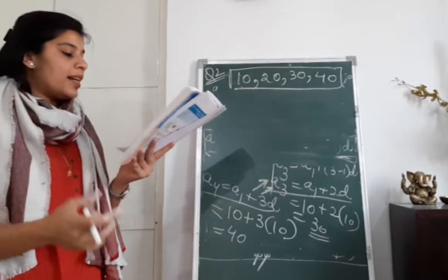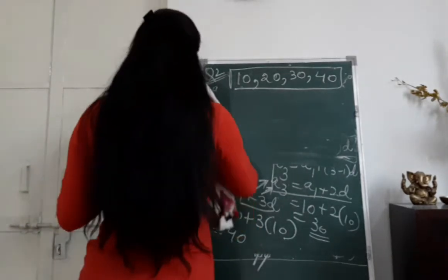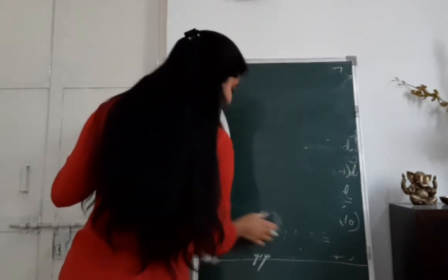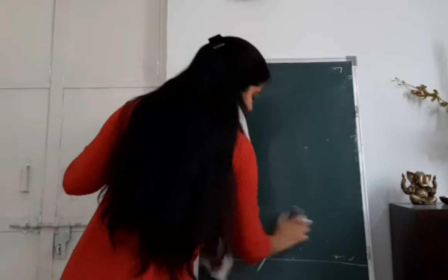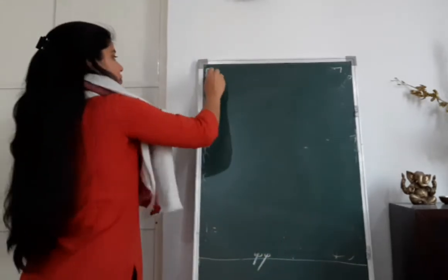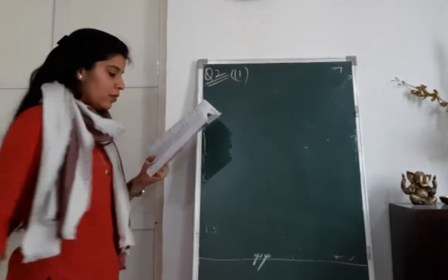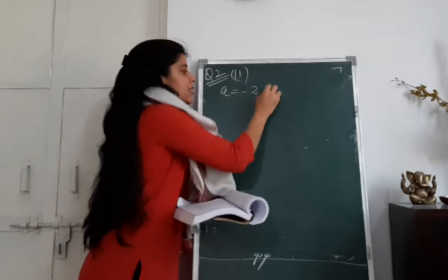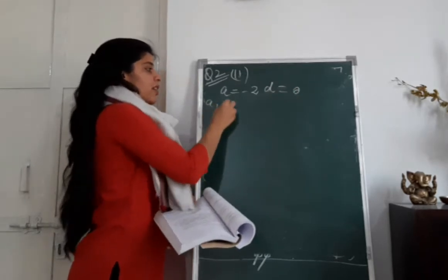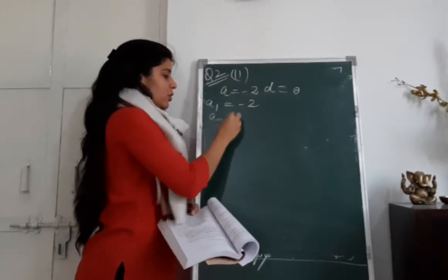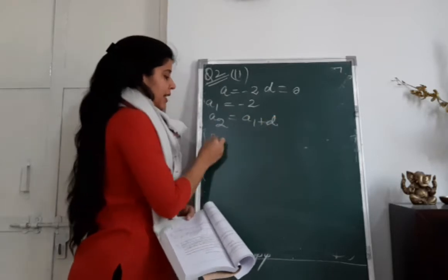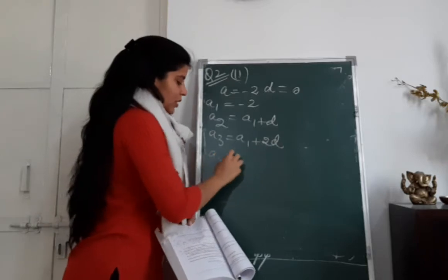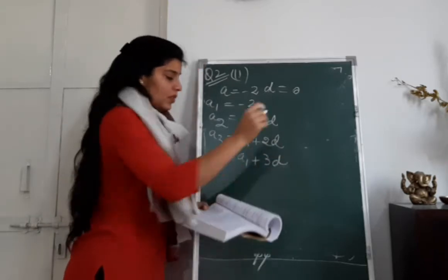Now let's go to the second part of the second question. A is equal to minus 2, D is equal to 0. So A1 will be minus 2, A2 is equal to A1 plus D, A3 is equal to A1 plus 2D and A4 is equal to A1 plus 3D.